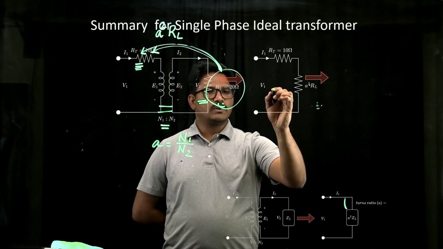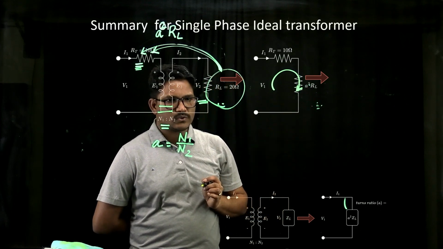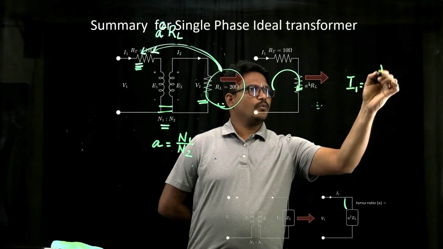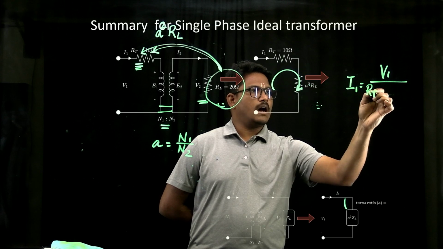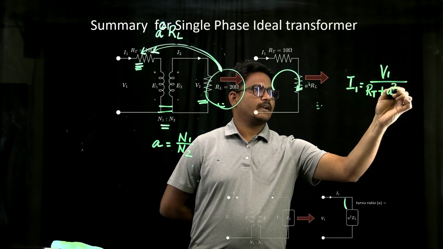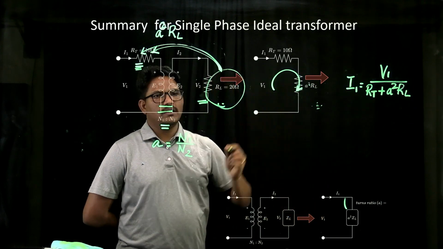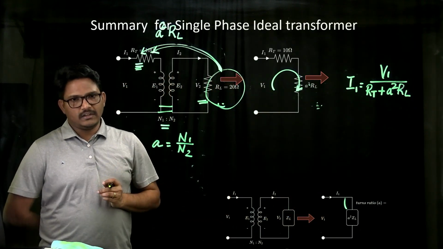Then if you wanted to calculate current that is flowing from the voltage source V1, the expression for I1 is going to be V1 upon RT plus A square times of RL for us. That's where we'll be able to calculate the amount of current coming from the primary side of the transformer.